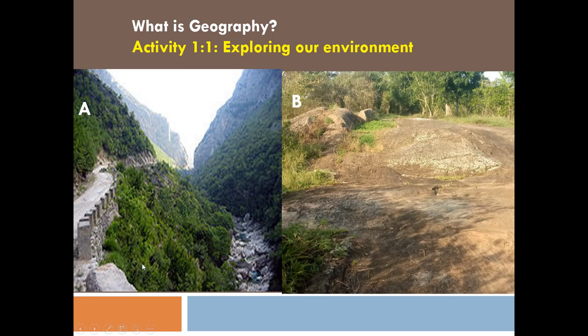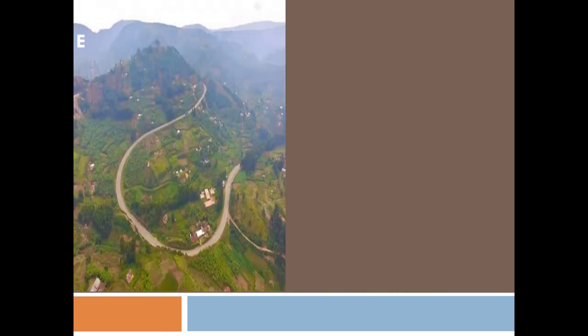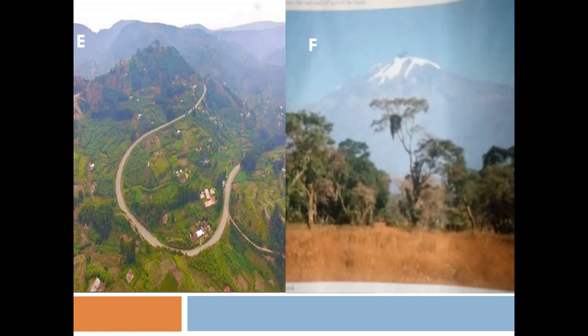In this valley, we have exposed rocks along this slope, which were exposed when the road was being constructed. So the rocks are physical, or they are natural features or natural things which we find in our environment.